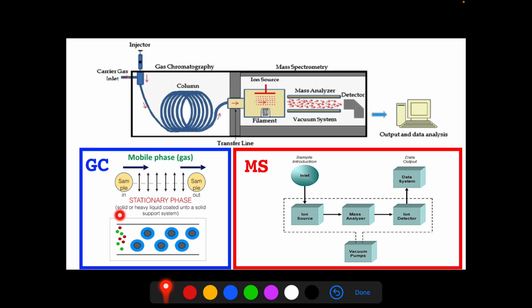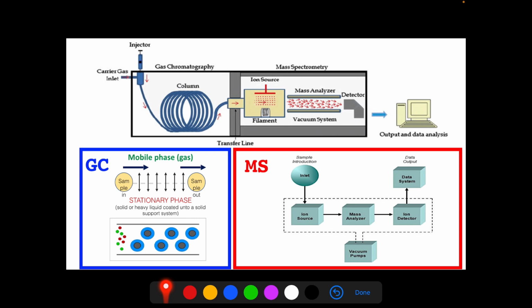In this picture, for example, the red molecules are more soluble and less volatile as compared to the green ones. So the red molecules have a high affinity for the stationary phase, and the green ones will be transferred to the MS part of the instrument. It's the difference in the affinity of the molecules to the stationary phase that causes the separation. So that's for GC.